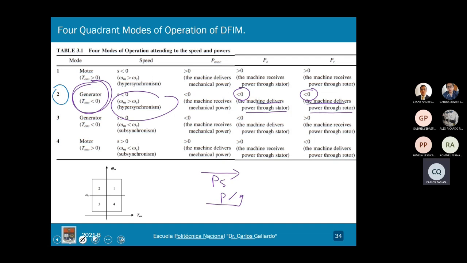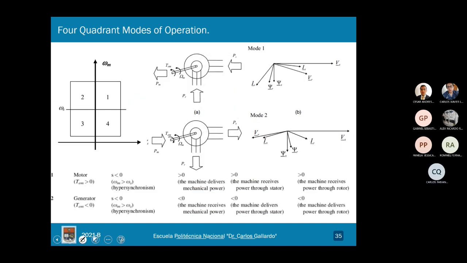So let's analyze the phasor diagram for these 4 modes of operation. Once again, this is the generator mode of operation, this is the generator mode of operation, this is the motor, and this is the motor 2.